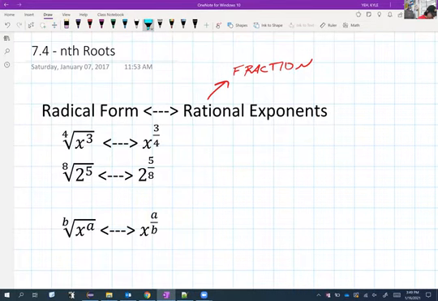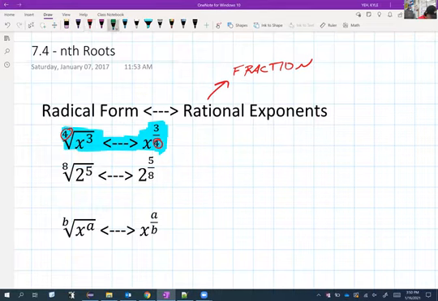The first one says that these two expressions are completely equivalent mathematically. On the left, you have the fourth root of x cubed. That's what that little 4 right above the radical means, the fourth root of x cubed. That could be rewritten as x to the 3/4 power.